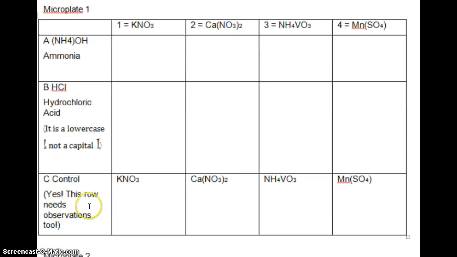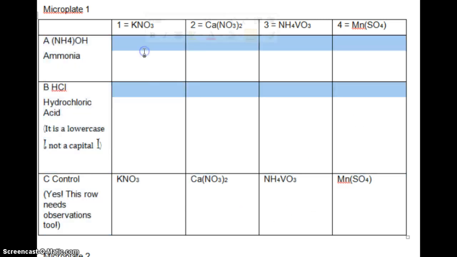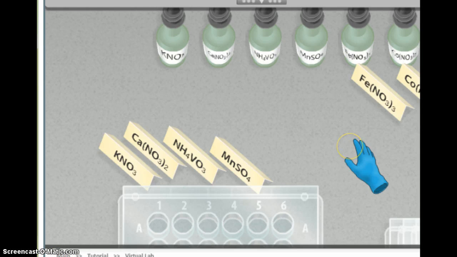And then we have one row which is the control. The control is what we compare our results to. All that's going to be in this is the original chemical. You can see how these match, because we want to say, okay, if I just have the chemical by itself, what does that look like? Then we can compare this row to these 2 rows to see if a chemical reaction occurred. To the lab.